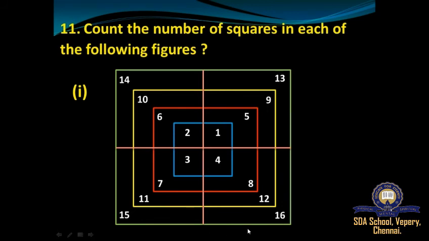Okay, so there are totally 16 squares, and as a whole there are 4 big squares. Okay, so this will be one square, red color one will be one square, yellow one will be one square, and green color will be one square. Okay, so there are totally 20 squares, that is 16 plus 4 is equal to 20 squares.